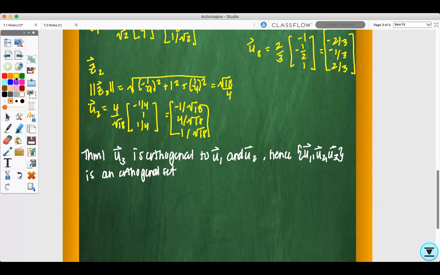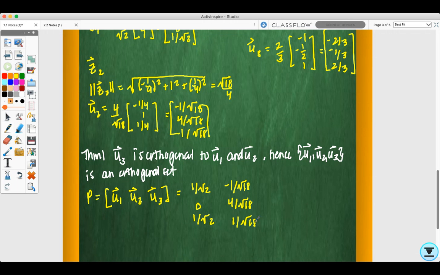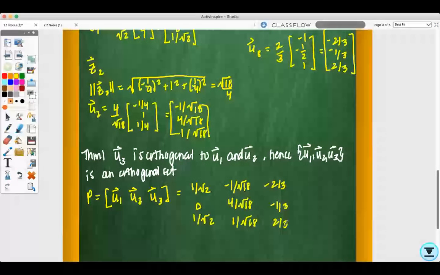So P is going to equal U1, U2, U3, which would be 1 over the square root of 2, 0, 1 over the square root of 2, negative 1 over the square root of 18, 4 over the square root of 18, 1 over the square root of 18, negative 2/3, negative 1/3, 2/3.